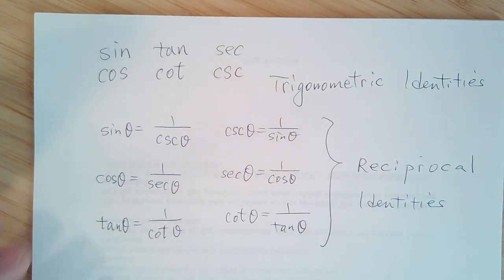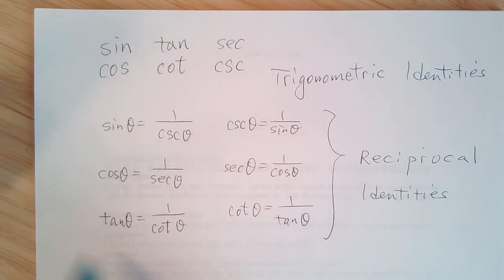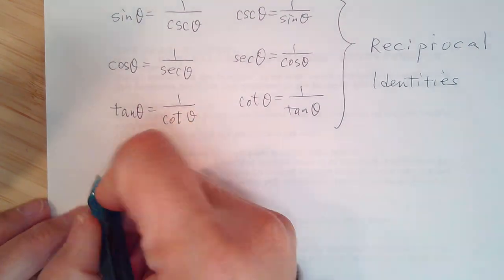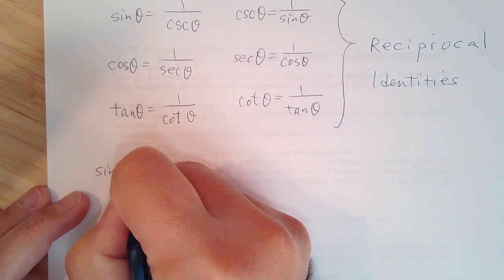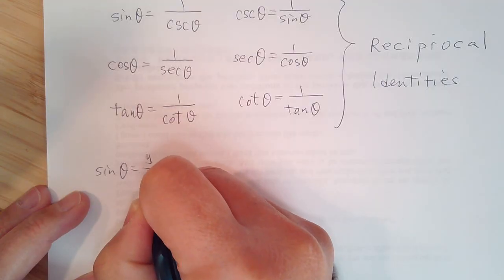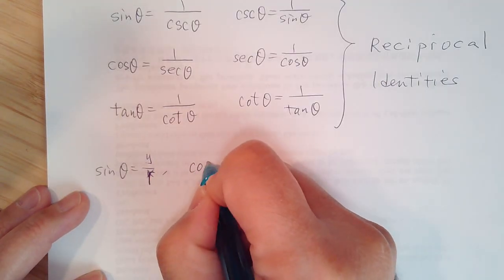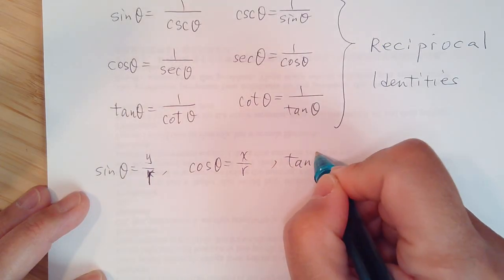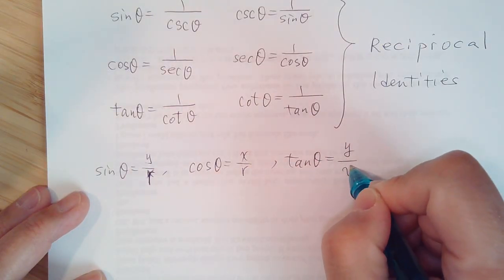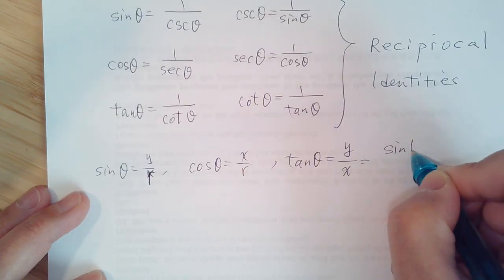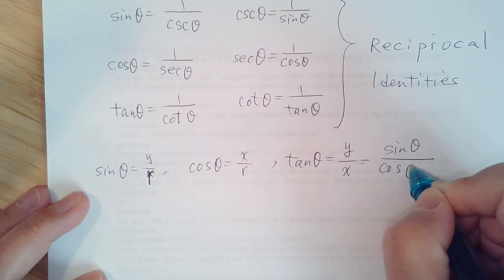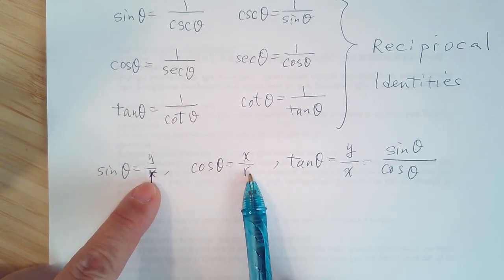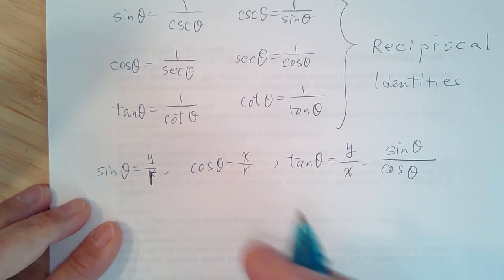You probably don't really need to know the name, but you know this relationship, okay? And if you remember, sine theta is y over r, and cosine theta is x over r, and the tangent theta is y over x, which is sine theta over cosine theta. Did you notice that? Because the tangent is this over this, and the r gets canceled out, so you get y over x.